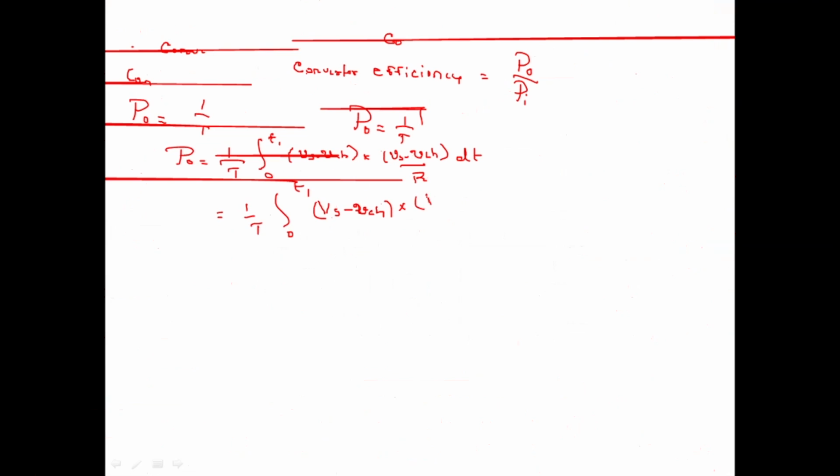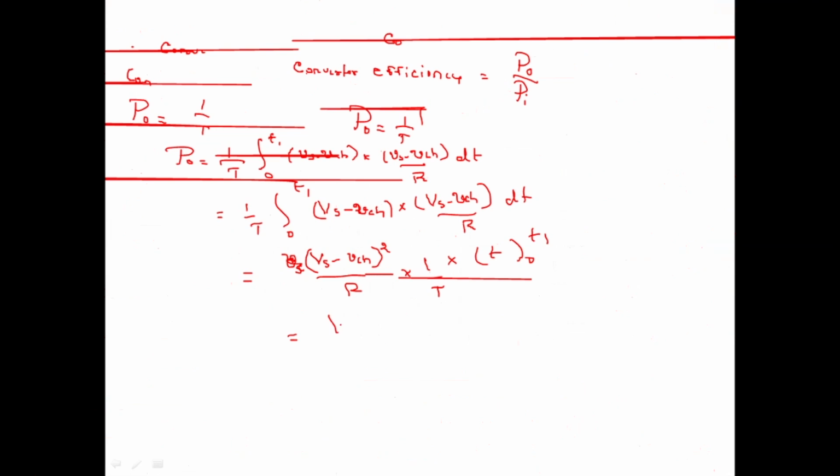All these are constants, so this becomes Vs minus V chopper whole square divided by R, into the integration of dt from 0 to T1.